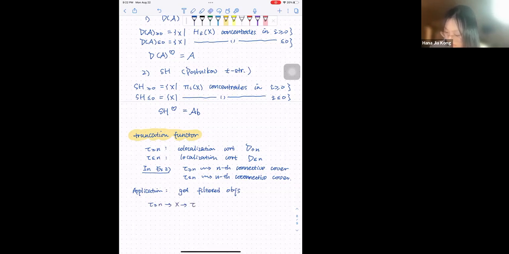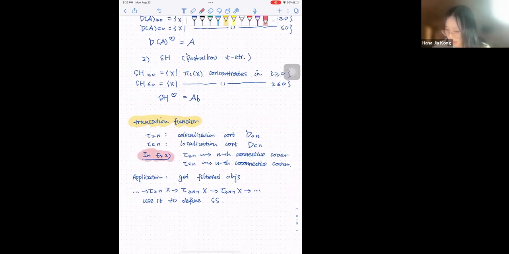Oh, an extra arrow. And you can use it to define spectral sequences.